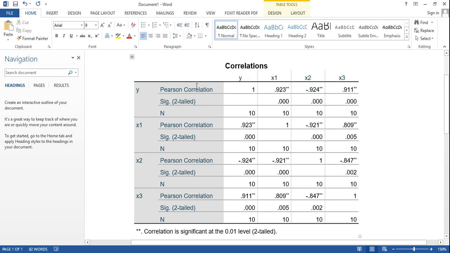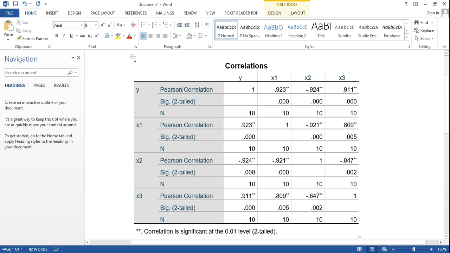First one will tell you whether the two variables have positive relation or negative relation with each other, and how strong that relationship is. And the second one, whether their relationship is statistically significant or not. And also Pearson correlation value has a range of -1 to +1. -1 indicates a strong negative relation and +1 indicates a strong positive relation.